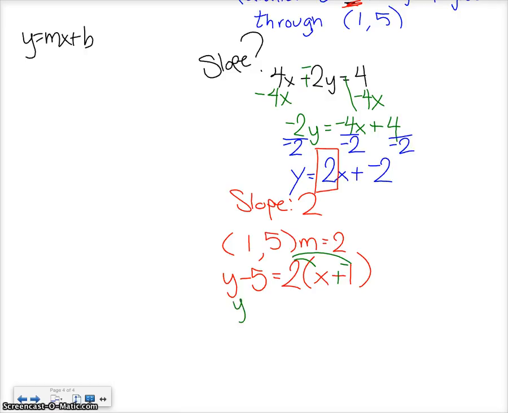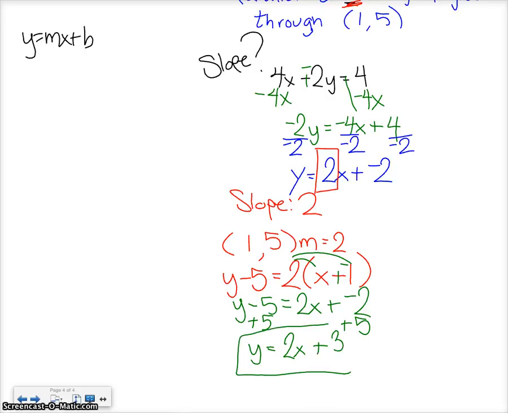So then I get y minus 5 equals 2x plus a negative 2. Add 5, and you get y equals 2x plus negative 2 and 5 is 3. That is the equation of the line that is parallel to the initial equation.